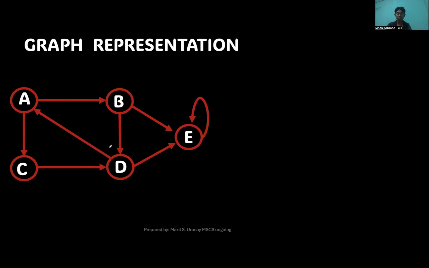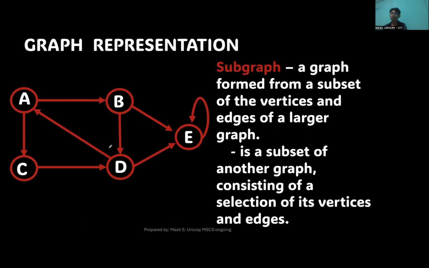Now, let's move on to the next representation, which is the subgraph. In our tree data structure, we also identified a subtree, which is a structure within your tree that forms another tree, di ba? But here in the graph, a subgraph is formed from a subset of the vertices and edges of a larger graph.